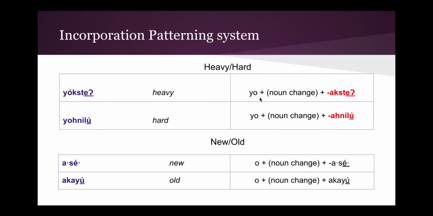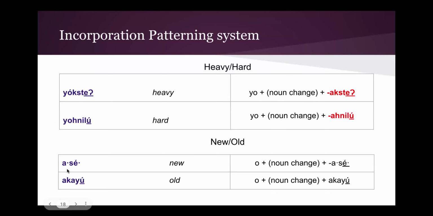And then over here we have what it's going to look like when the noun is incorporated. And same with the word for hard, yochnil, yochnilu, and how it's going to look when it's incorporated with a noun.